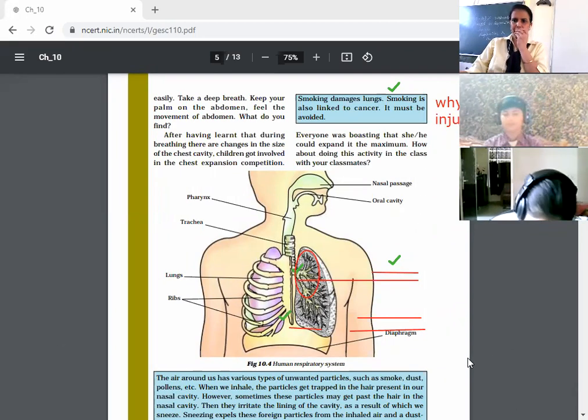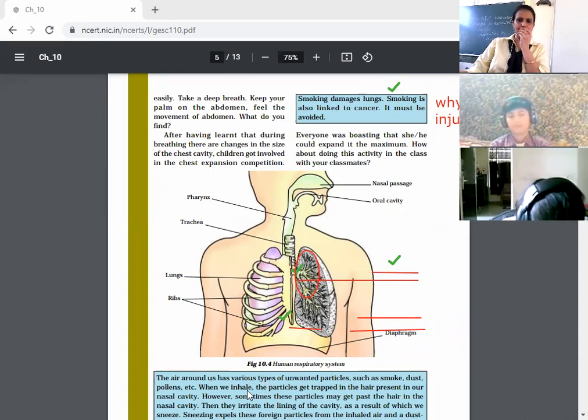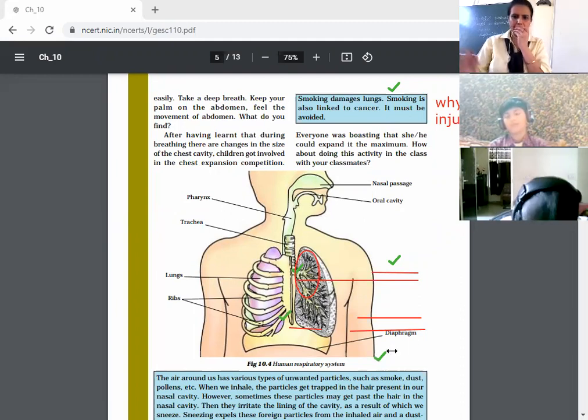Next comes one more question below this figure 10.4. Why do we sneeze? Kindly frame one more extra question. Why do we sneeze?